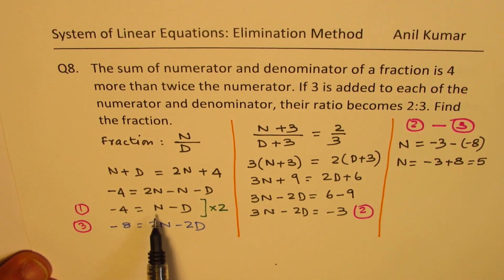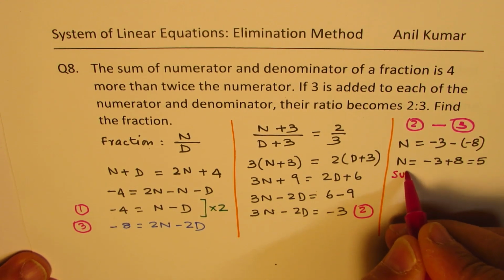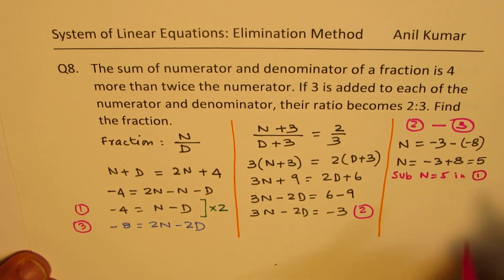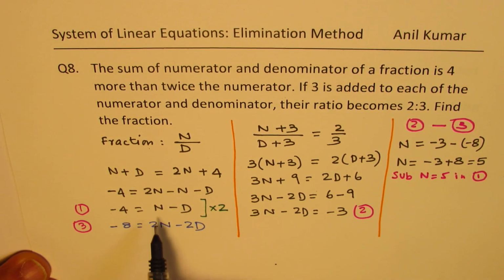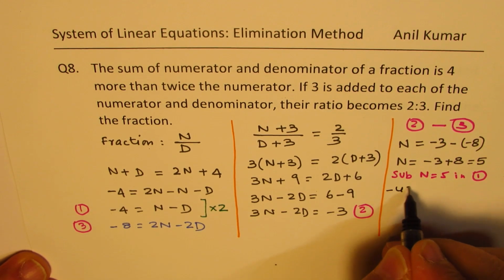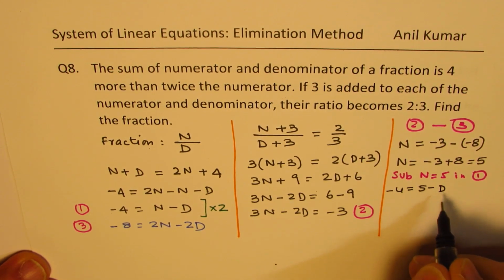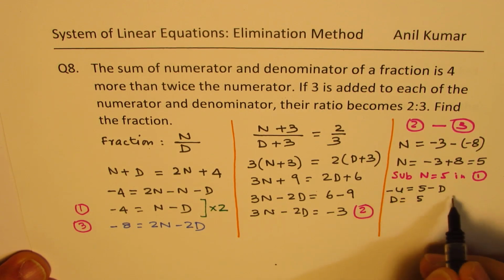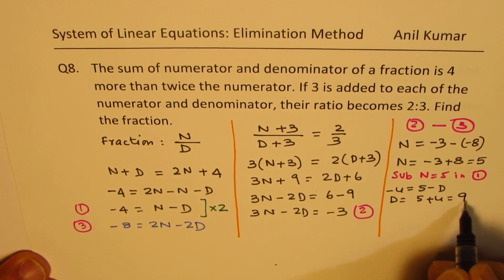Now we can use one of our equations and find the denominator. So we'll sub n equals 5 in, let's say, equation 1. So if I write 5 here, I get minus 4 equals 5 minus d. So it becomes d equals 5, and then 4 comes this side, becomes 9, right?